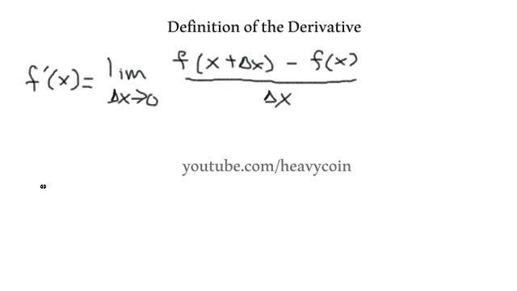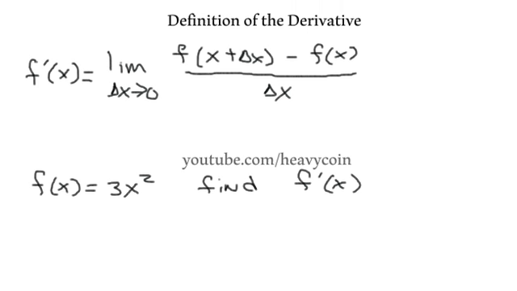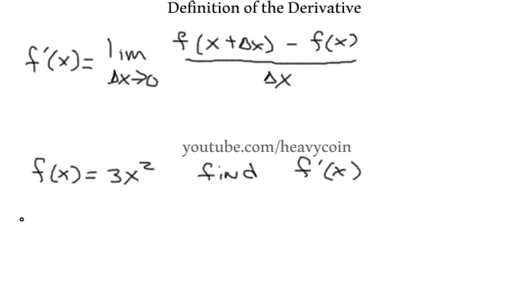We're going to let our function be 3x squared, and we want to find f prime of x, and we're going to use the definition up here. So f prime of x is equal to the limit as delta x approaches 0.